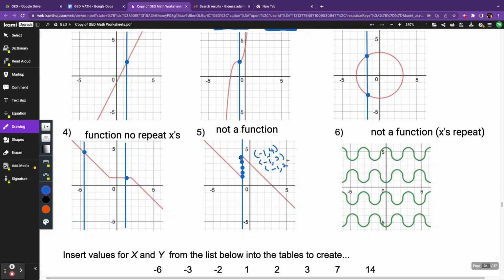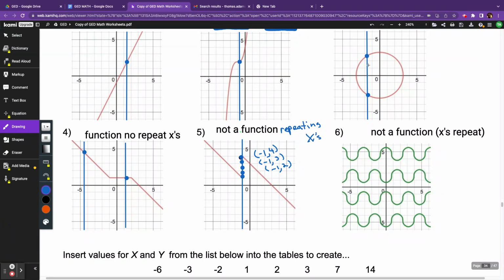What do you notice about the x's at that particular point? They repeat. So you would say repeating x's. That's what the vertical line test does. It lets you know that you have repeating x's, because that only occurs on something that's not a function.